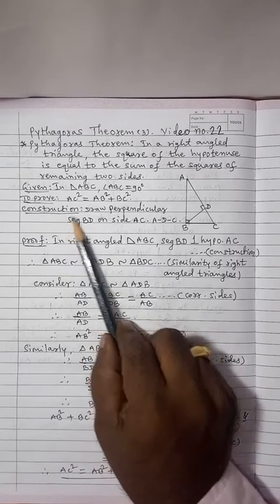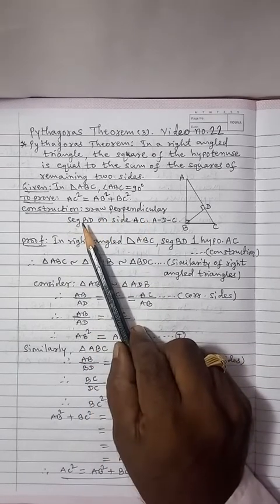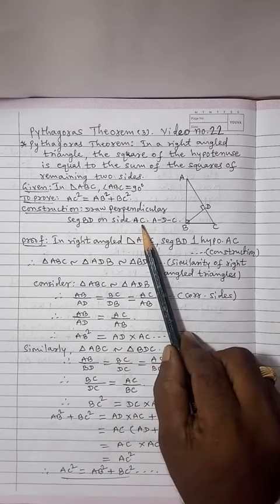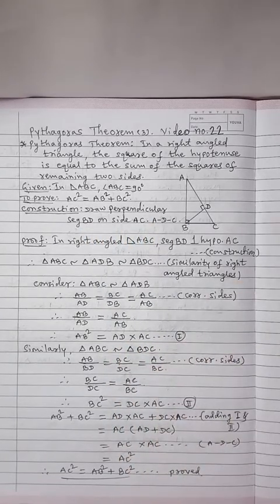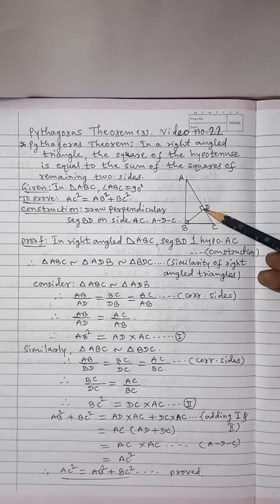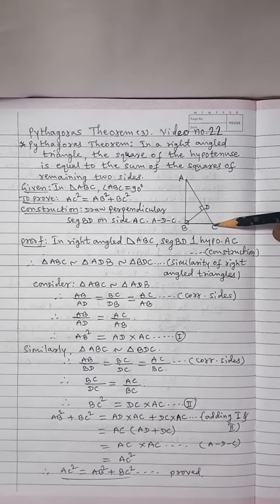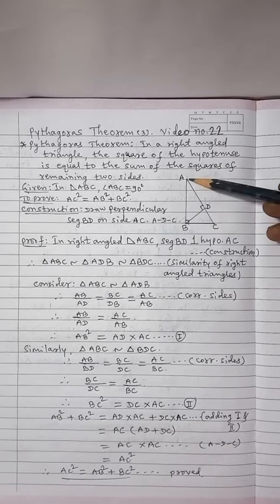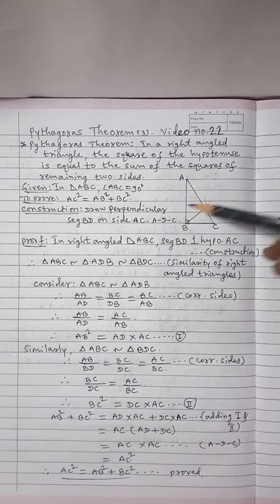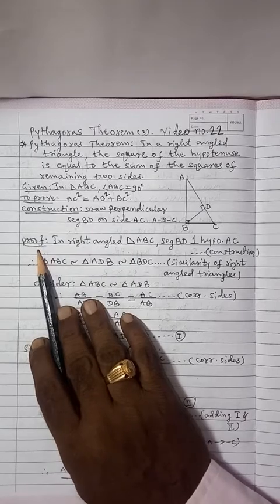What is the construction? Draw perpendicular segment BD on side AC. So, segment BD is drawn perpendicular to side AC, which is the hypotenuse. Between A and C is D, that is A-D-C. This is the construction. Now, proof.